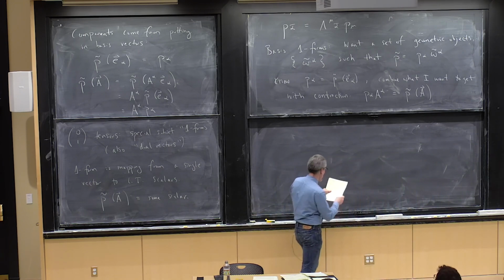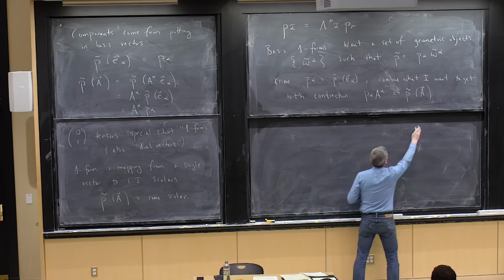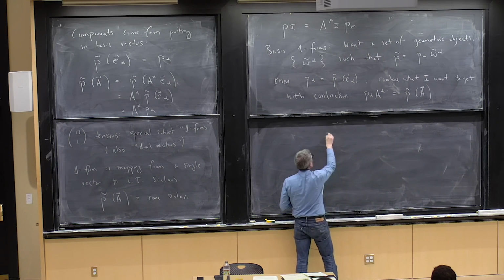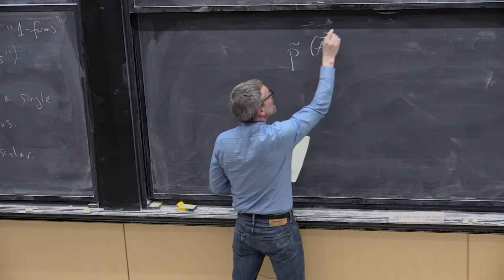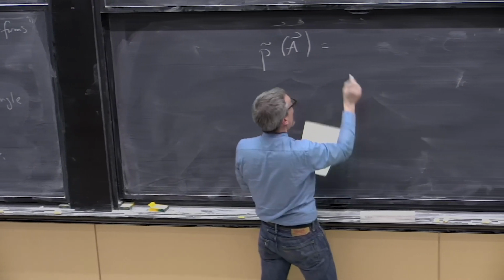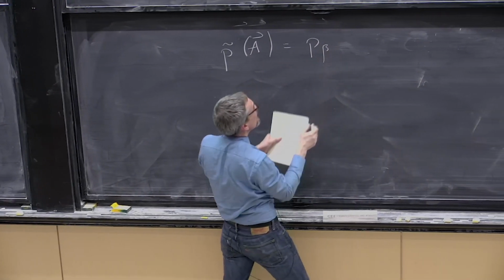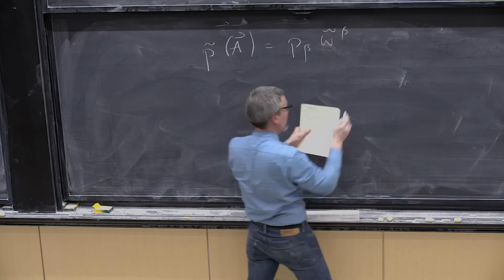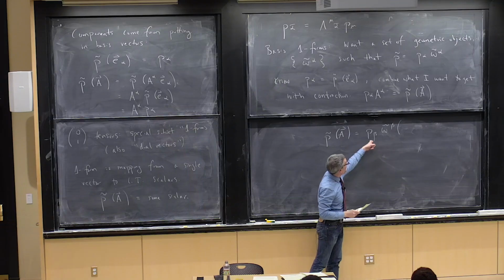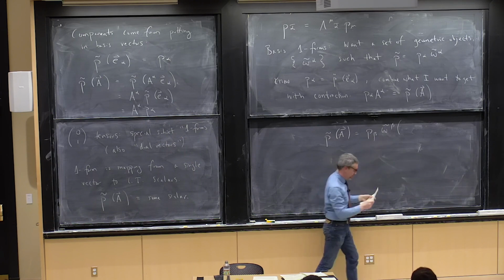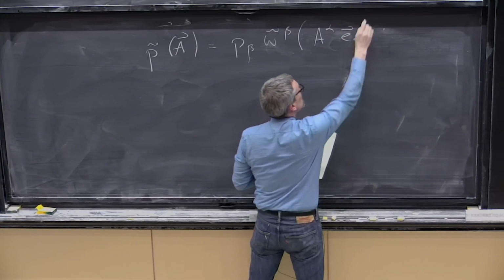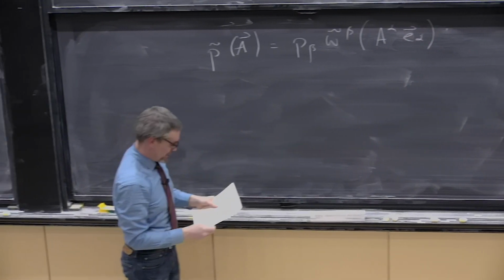Okay, so let's insist that when I do this, I can write this as p_beta omega^beta. Now remember, these are the components. This is the actual basis one-form. And so I'm going to stick into my basis one-form this form of the vector.